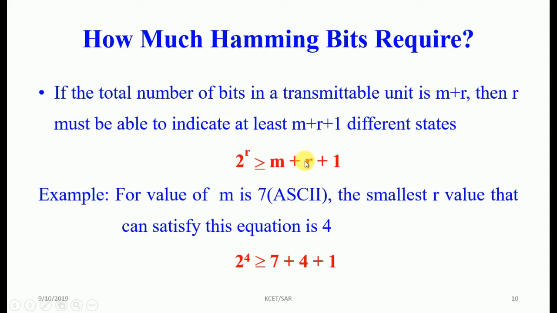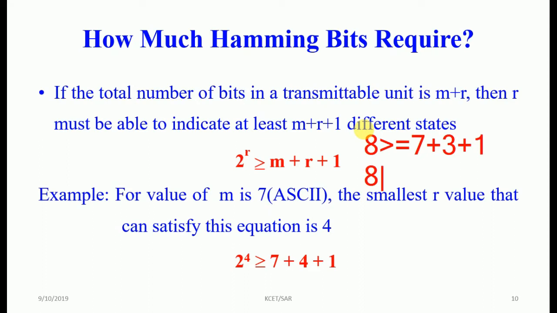First, we substitute r as 3. 2 power 3 is equal to 8, which should be greater than or equal to m plus r plus 1. Now, here we are choosing the ASCII representation, so the number of data bits becomes 7. This becomes 7 plus 3 plus 1.